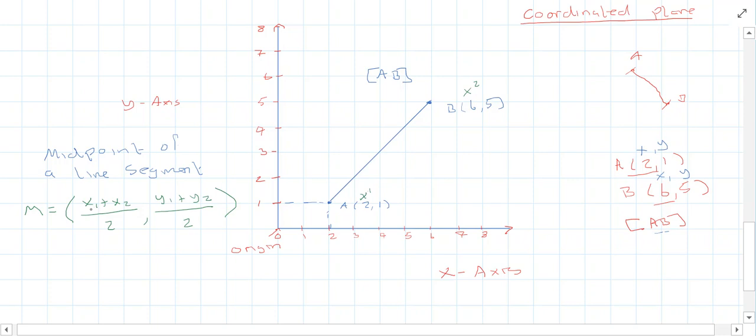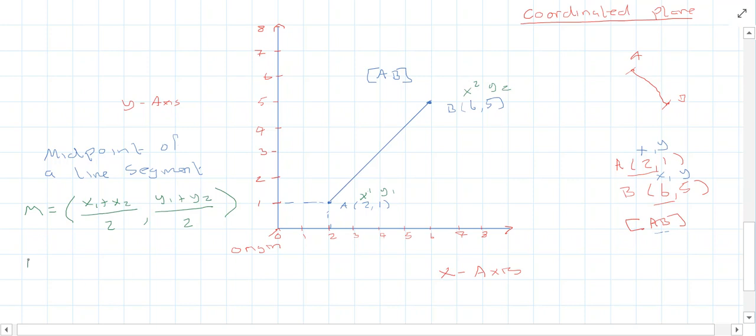That's what will correspond in here. And then for the y coordinate, we can call this y1 and this y2. So now we have all of the information we need in order to substitute the values into this midpoint formula. Let's go ahead and do that.